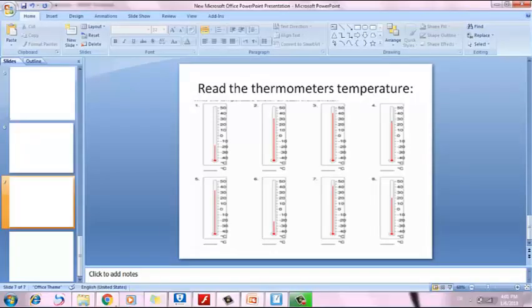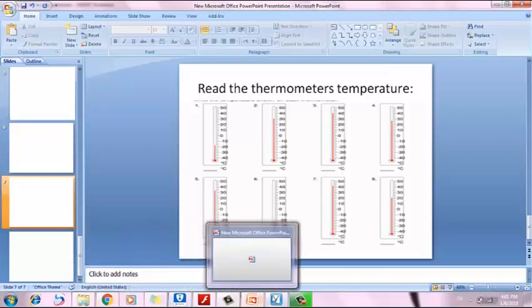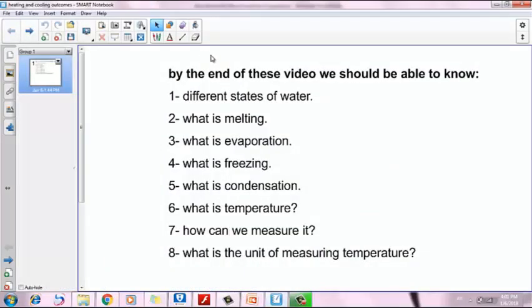Now let's check if we got all of the parts that we must know. Different states of water: solid, liquid, and gas. What is melting? Melting is a change of solid to liquid, or ice to water, by heating. Evaporation is the changing of liquid water to gas, water vapor or steam, by heating.